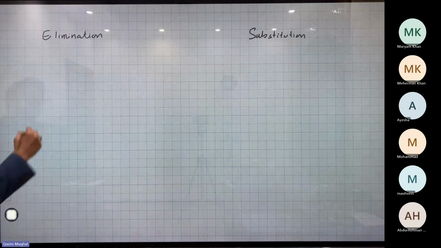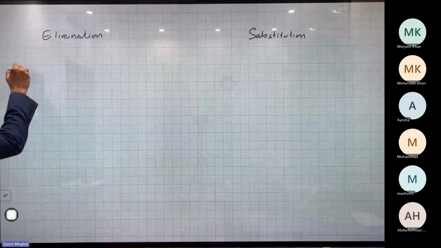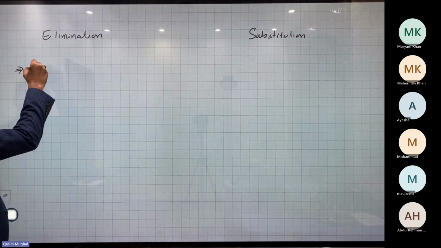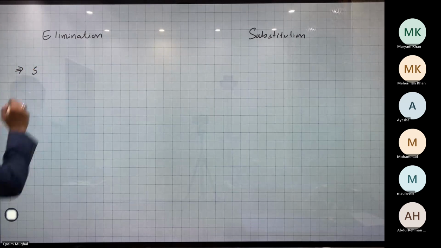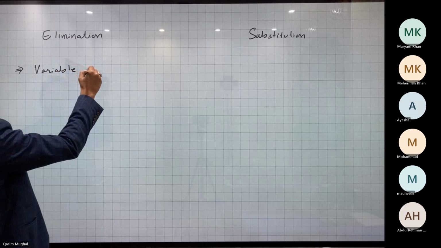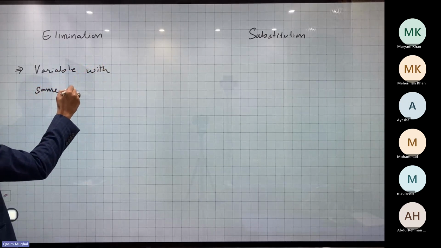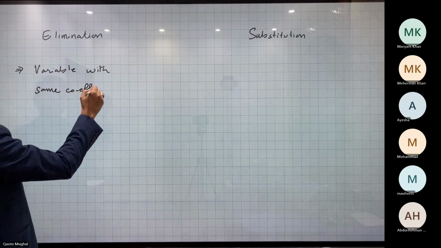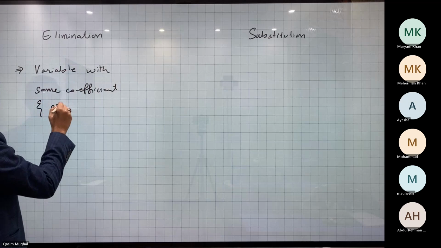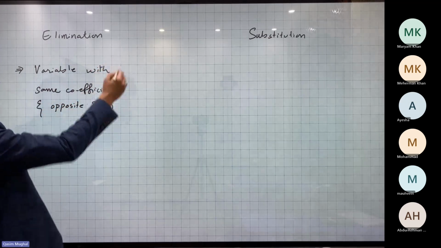ठीक हो गया? In order to eliminate one variable, what you need to do is make sure, इसमें जो key point है elimination में, variable with same coefficient and opposite sign. This is the target, initial target.